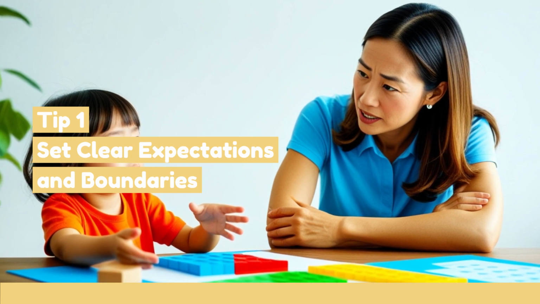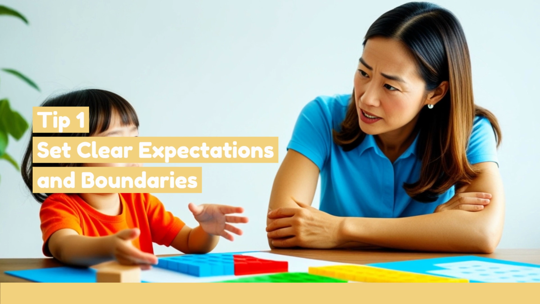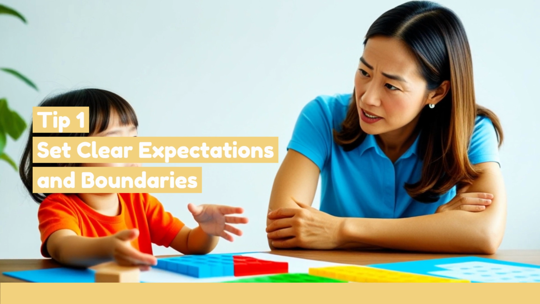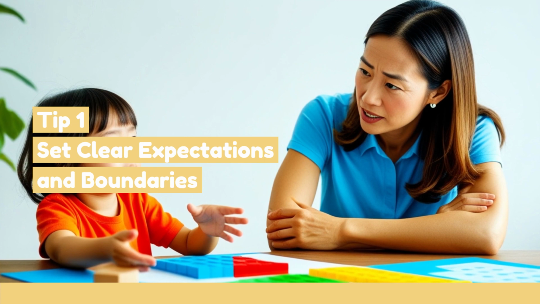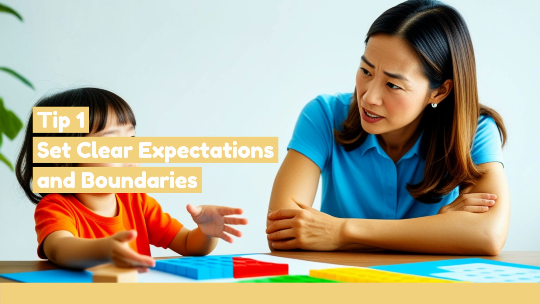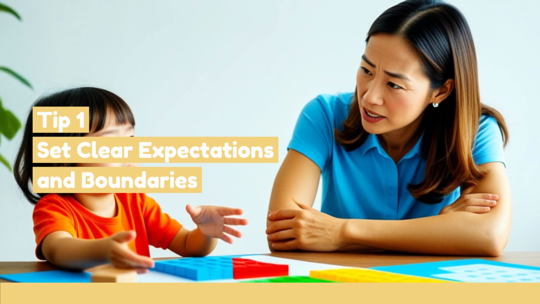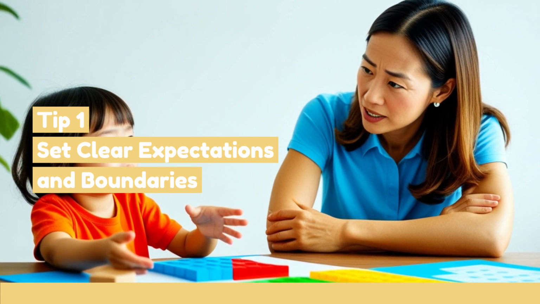Set clear expectations and boundaries. Before a child can be held accountable for their actions, they must first understand what is expected of them. Clear rules and expectations help children know what behaviors are acceptable and what isn't.